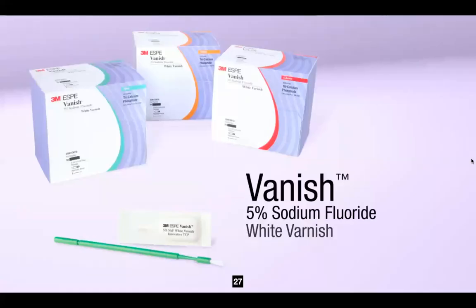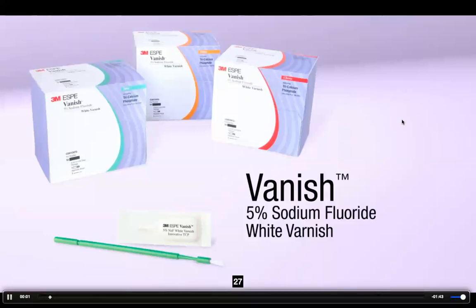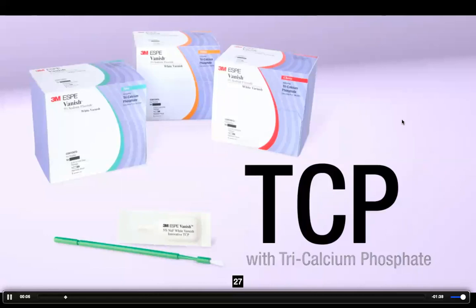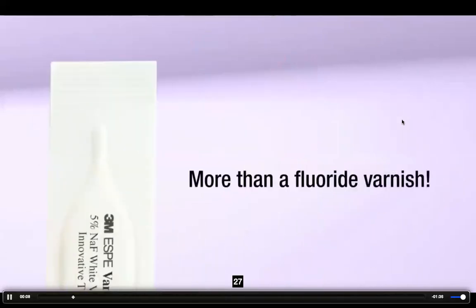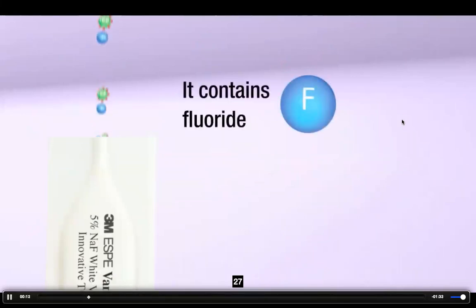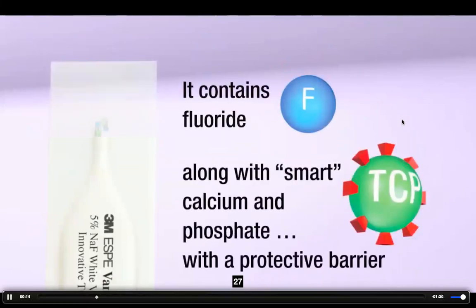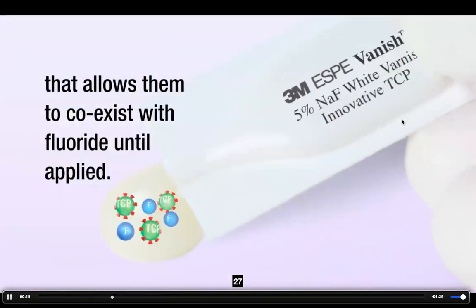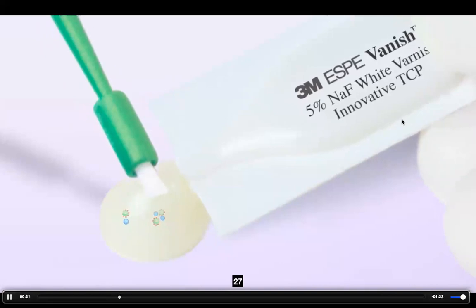5% sodium fluoride white varnish with tricalcium phosphate, TCP. More than a fluoride varnish, Vanish White Varnish with TCP contains fluoride along with a smart calcium and phosphate with a protective barrier that allows them to coexist with fluoride until the formula is applied.